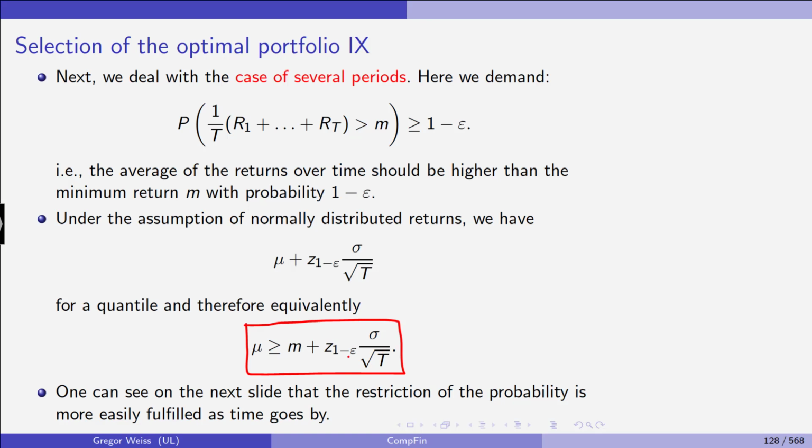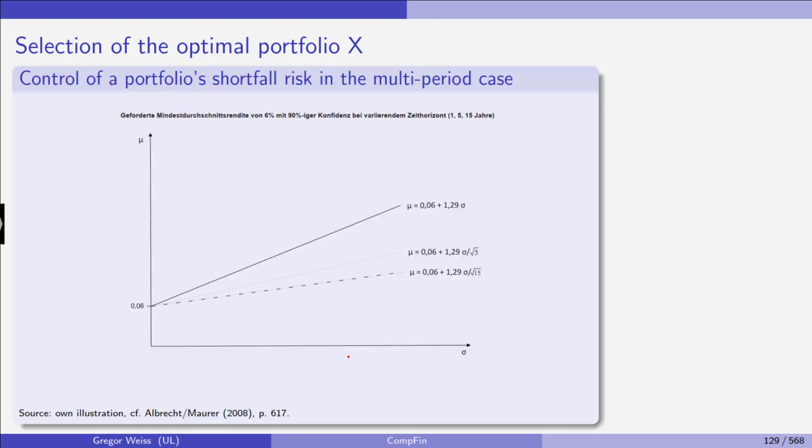On the next slides, you can see how this constraint on the probability of the average return being higher than m% will have an impact. You can see, again, it changes the volatility. Even though the volatility stays the same, the number of days has an influence.